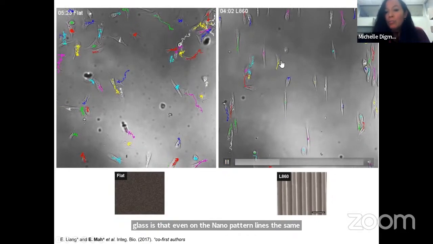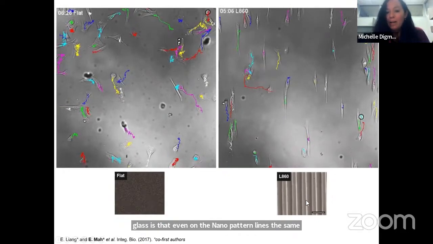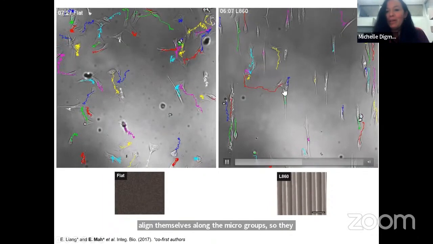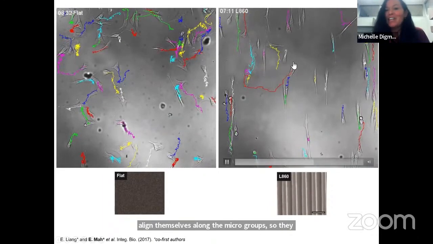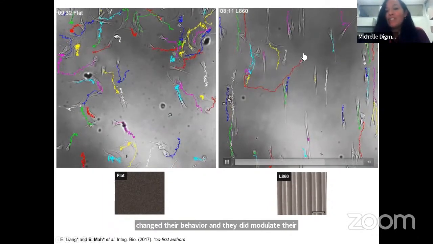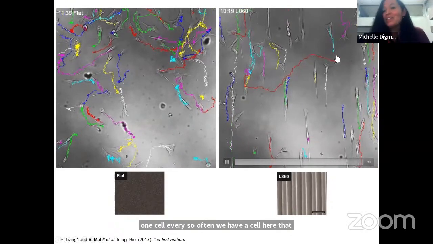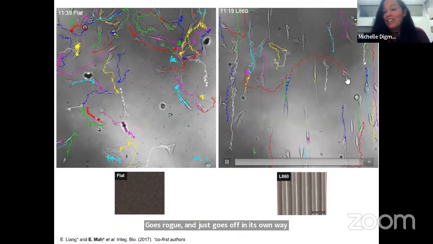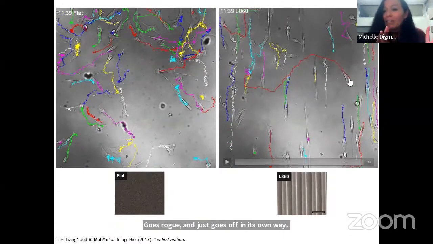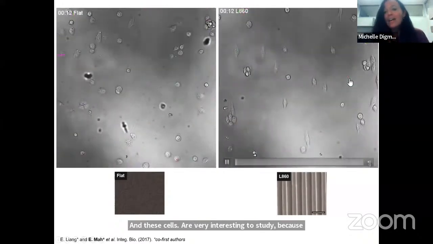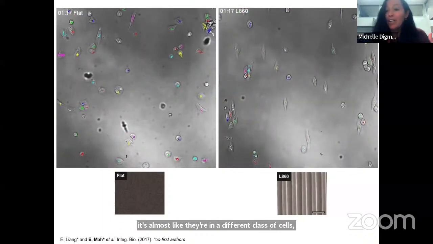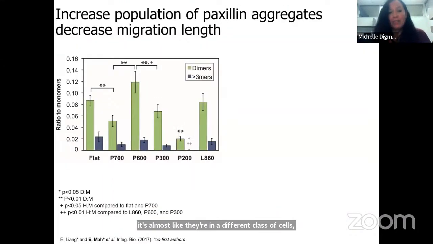So they changed their behavior and they did modulate their phenotype along this nanopattern surface, except for one cell. Every so often, we have a cell here that goes rogue and just goes off in its own way. And these cells are very interesting to study because it's almost like they're in a different class of cells. That also is part of the heterogeneity of the cancer cells.